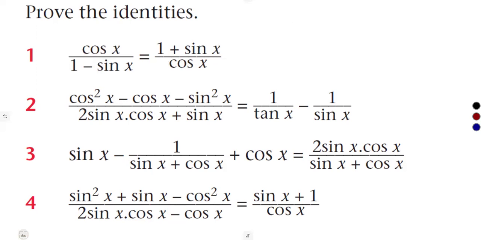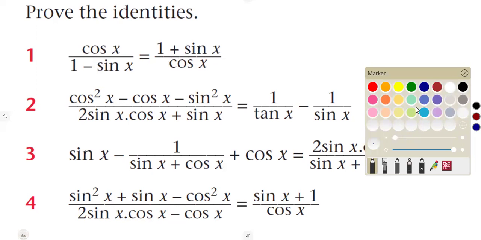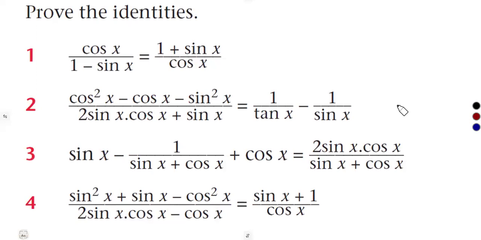Remember, I referred from our previous class that we need to understand the identity for the tan of x, which is the sine of x over cos of x. You can use theta to represent x. And also from the Pythagorean identity, the sine squared of x plus the cos squared of x is equal to 1.